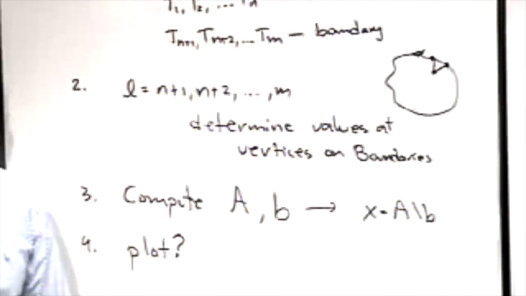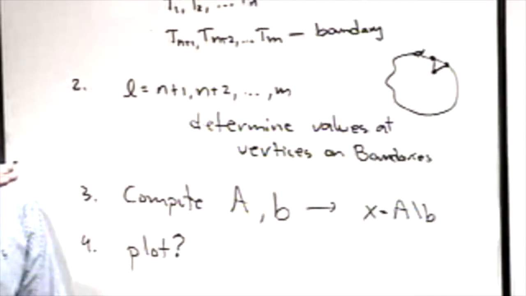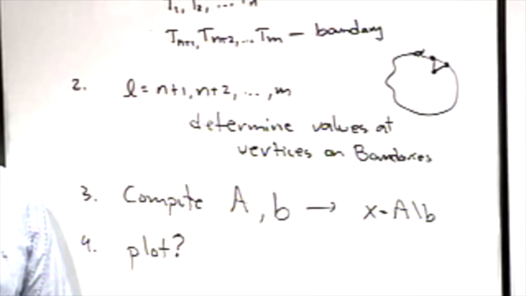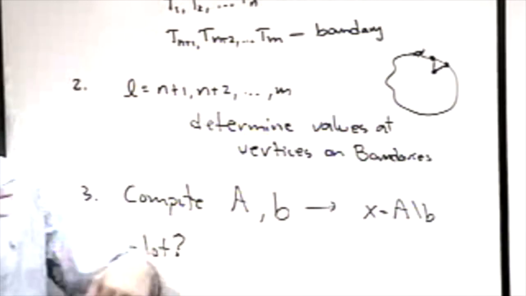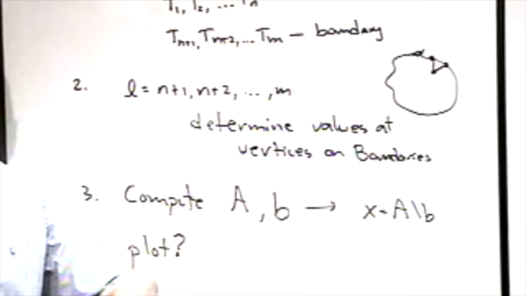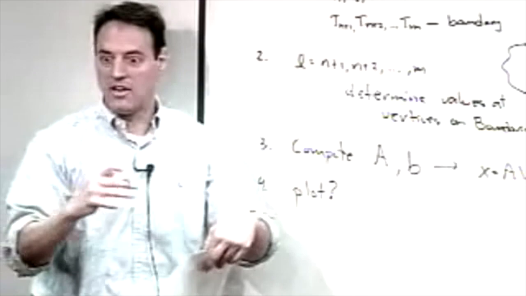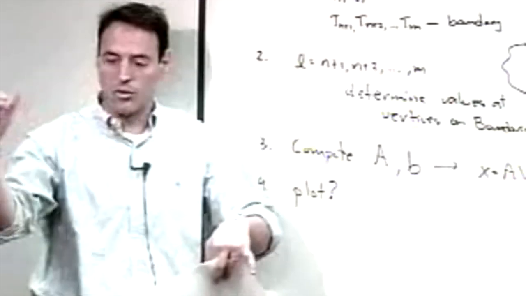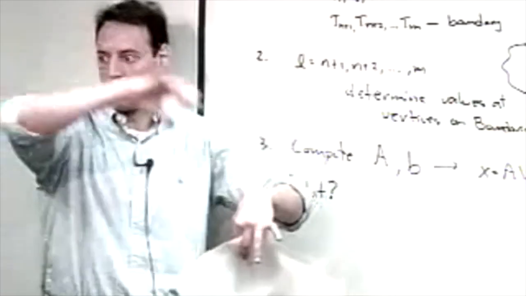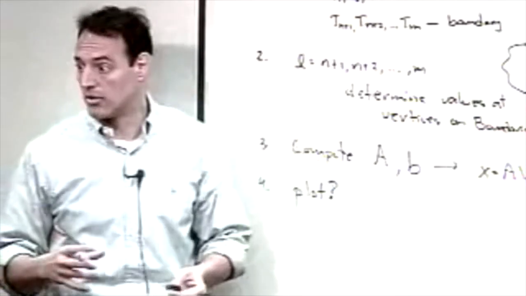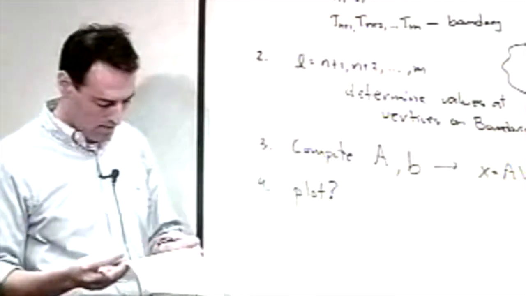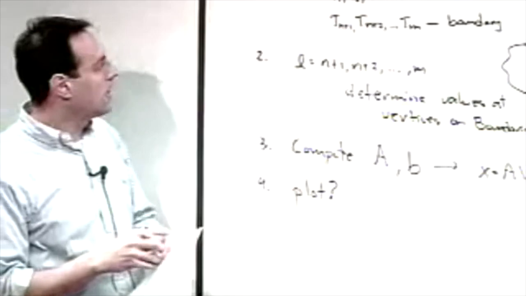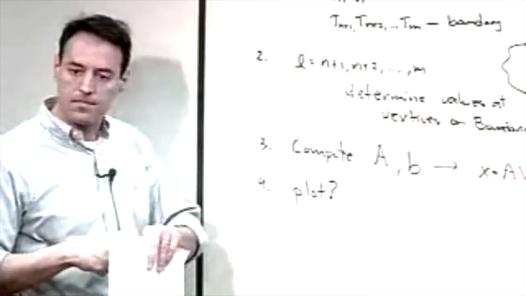Now you've got to actually say, well, this triangle lives here, plot its amplitude. This triangle lives here, plot its amplitude. So plotting is actually a little more difficult, too, because you have to patch together the solution. Every little triangle lives in a different space, and it has a certain value, so you have to go through and make a big matrix which has all the data, so you can write a mesh over it or something like that. Okay? And that's pretty much it.